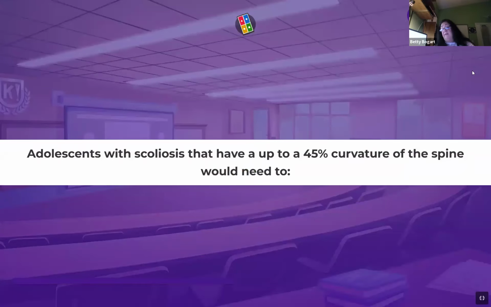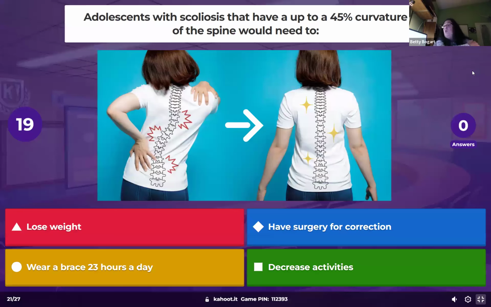Adolescents with scoliosis that have up to a 45 degree curvature of the spine would need to do what? What's the treatment? Do we have to do surgery, or is it just going to be putting a brace on? What's that number mean? Up to 45.